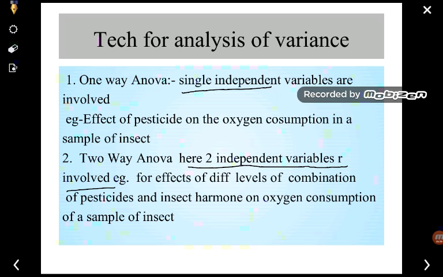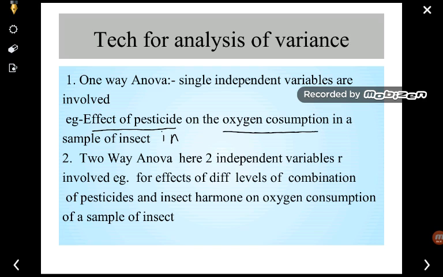To give one example, consider the effect of pesticide on the oxygen consumption in a sample of insects. Here the pesticide is the independent variable and oxygen consumption is the dependent variable.